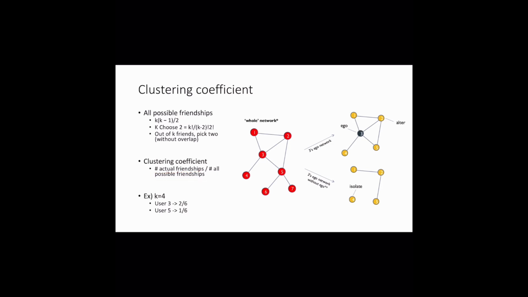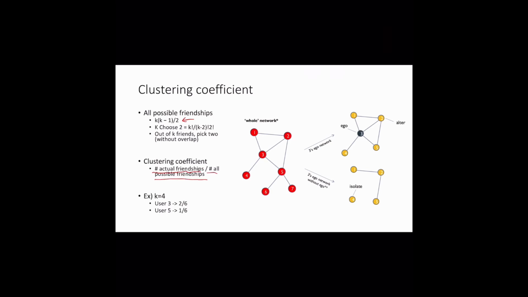So it's the same as counting the combinations of picking two friends to be friends with each other out of k friends and without overlap. And from probability, we know that that equals k choose 2, which is k factorial divided by the product of k minus 2 factorial and 2 factorial, which is just equal to k times k minus 1 over 2.